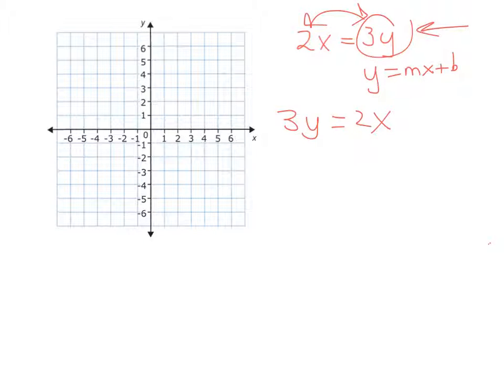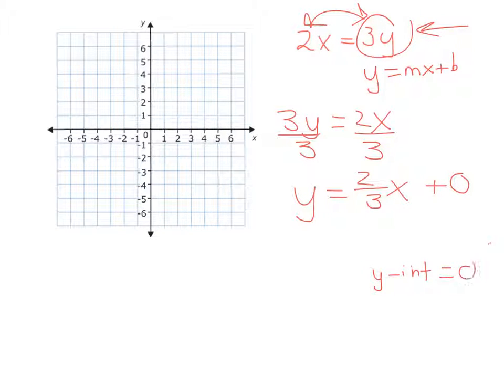And now to get the y alone, I'm going to divide both sides by 3. And I have y equals 2/3 x. I don't have anything else in the equation, so it's like I'm having a plus 0 here. So my y-intercept is 0, and my slope is positive 2 over positive 3.